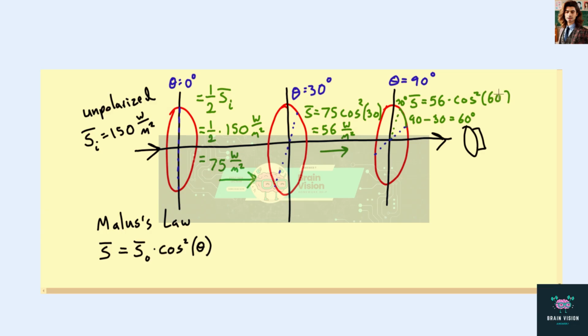So the relative change in polarization, 60 degrees, goes into our equation there. And then you just plug that into your calculator, and you'll get that the transmitted intensity, I'll call that ST here, is equal to 14 watts per meter squared.